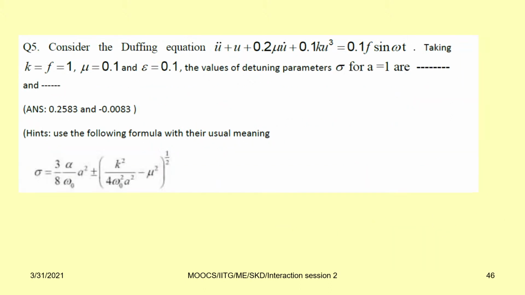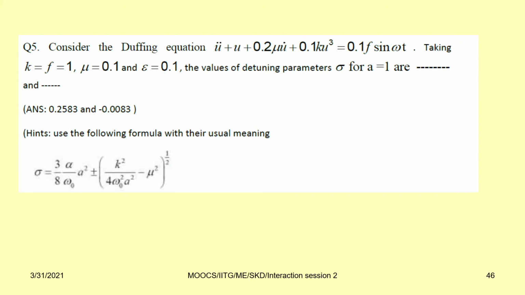Okay, next. Consider the Duffing equation u double dot plus u equals 0.2 mu u dot plus 0.1 k u cube equals 0.1 f sine omega t, taking values k equal to f equal to 1, mu equal to 0.1 and epsilon equal to 0.1. The values of the detuning parameter sigma for a equal to 1 are these and these.